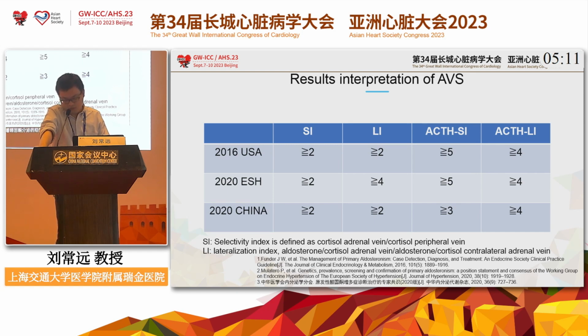Also, the suggestion was made to use an LI cutoff of 2.0 or greater for AVS performed under unstimulated conditions and 4.0 or greater for AVS performed during ACTH stimulation. In China, we used an SI cutoff of 2.0, and the LI cutoff was also 2.0.